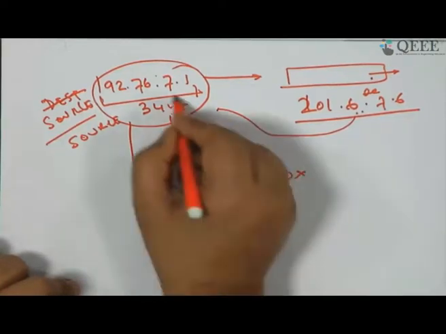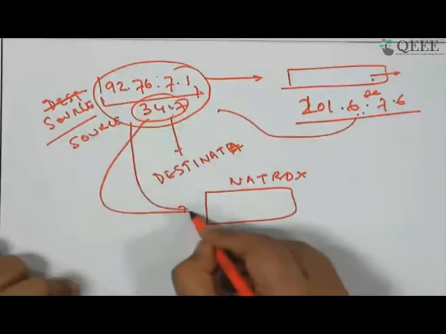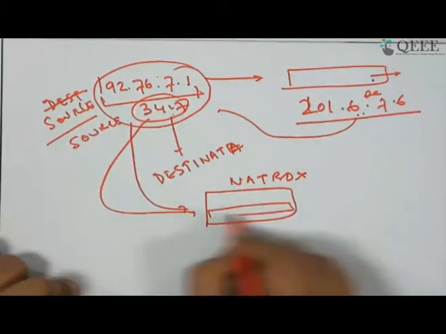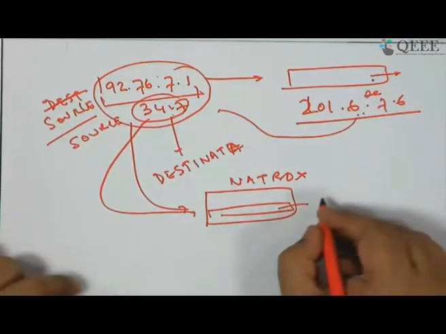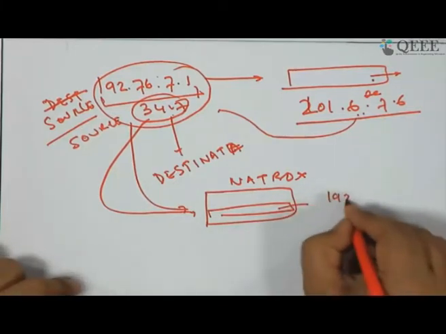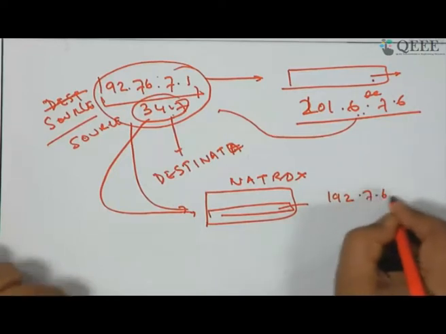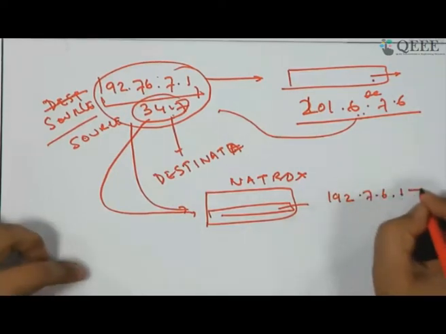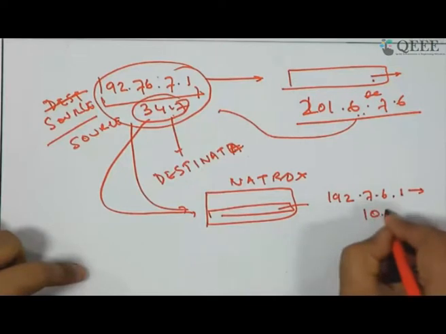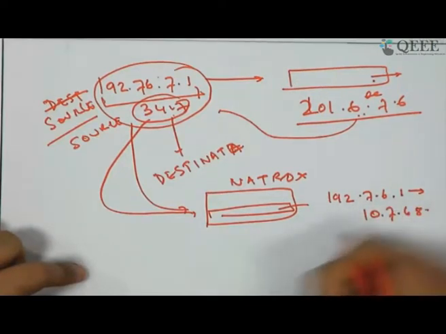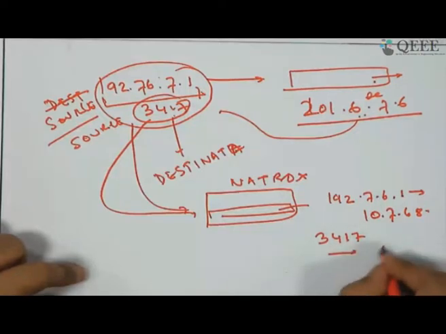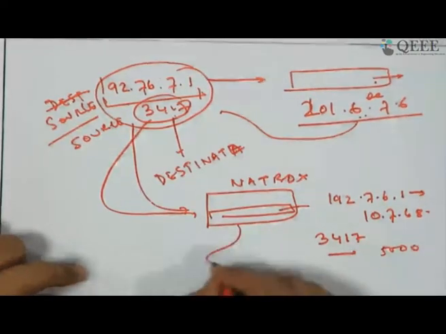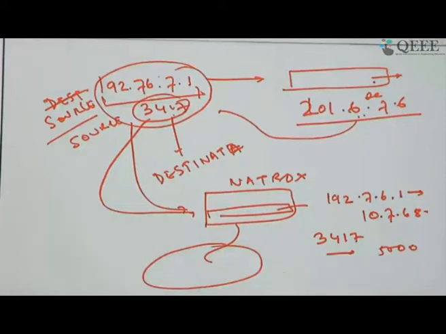In the NAT box, as soon as it sees 3417, it goes to the 3417 entry and says, oh, this should be replaced. So 192.7.67.1 is replaced with 10.7.6.8 and 3417 is replaced with 5000, and then it goes inside the network. So what is happening?